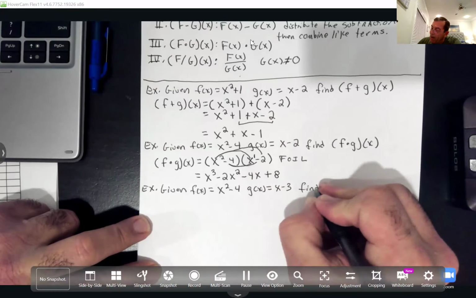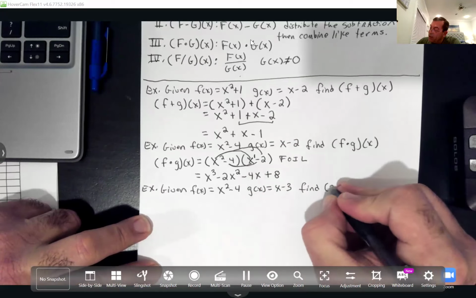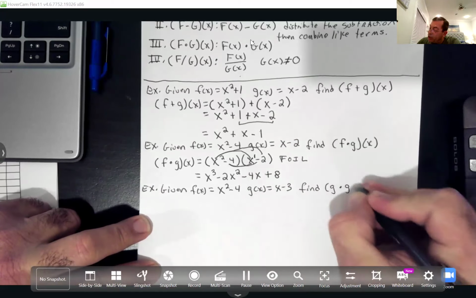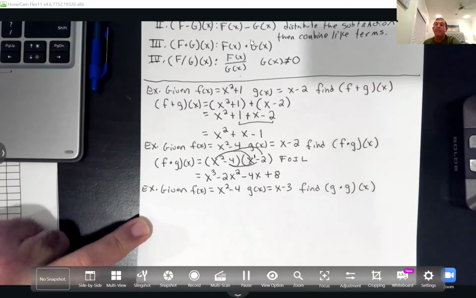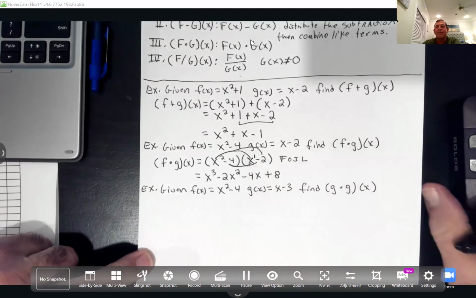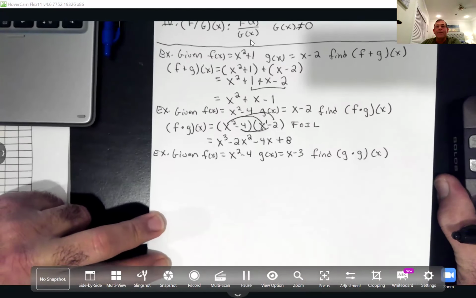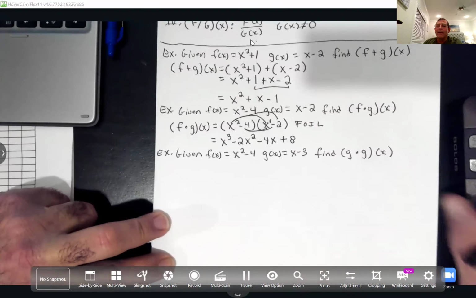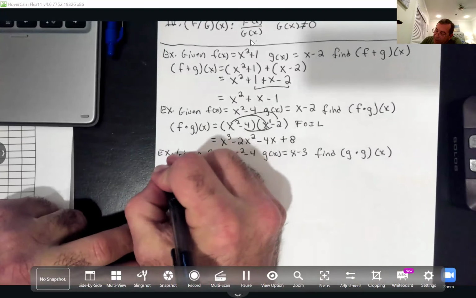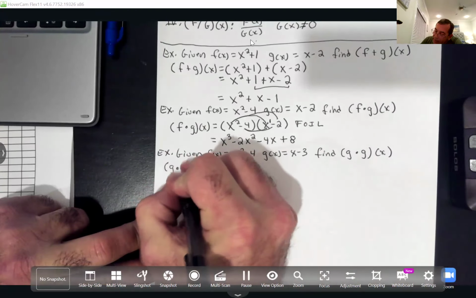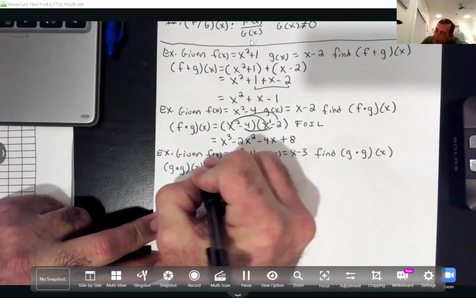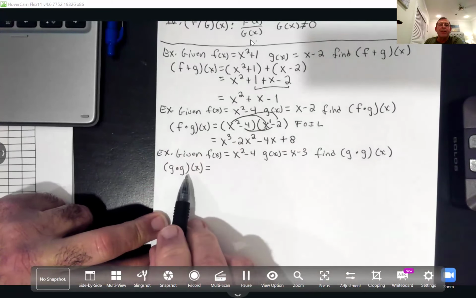They want us to find g times g of x. Okay, so g times g of x. So it's going to be multiplication again.